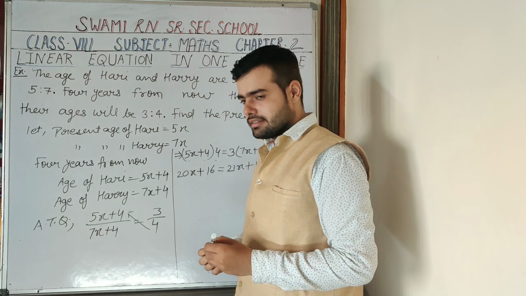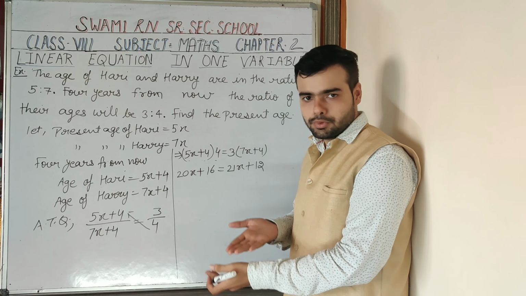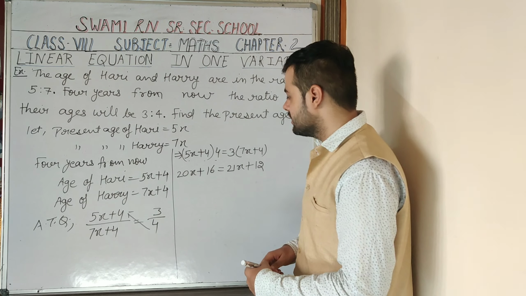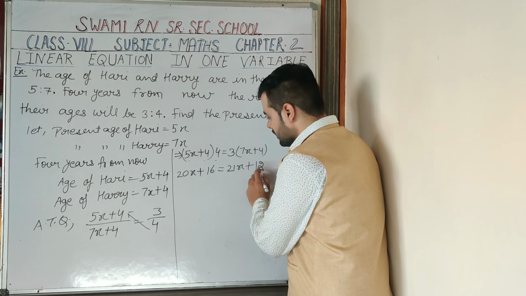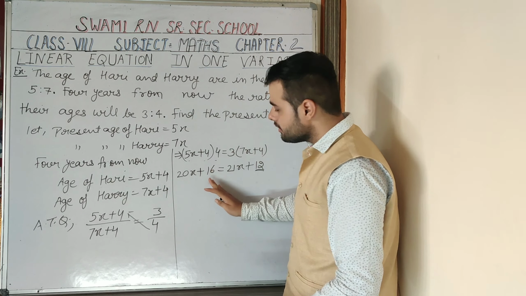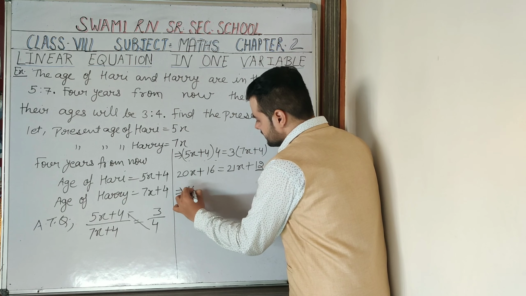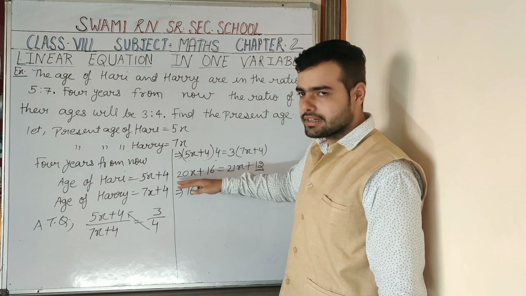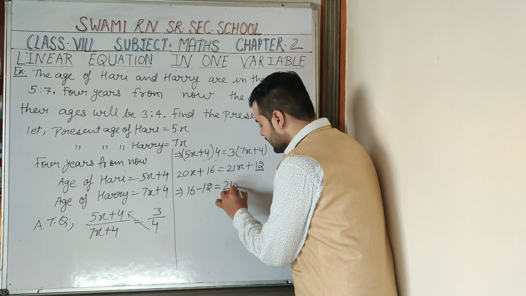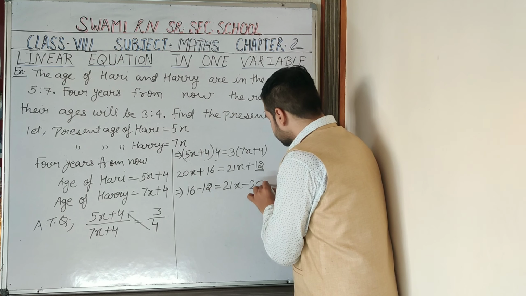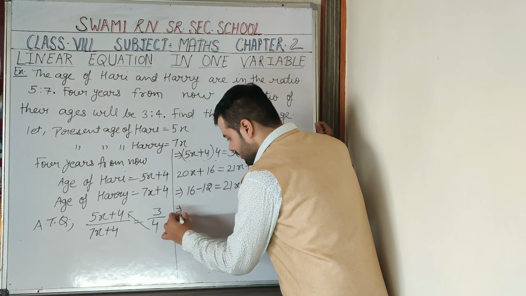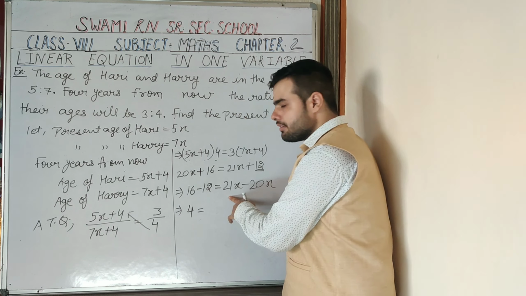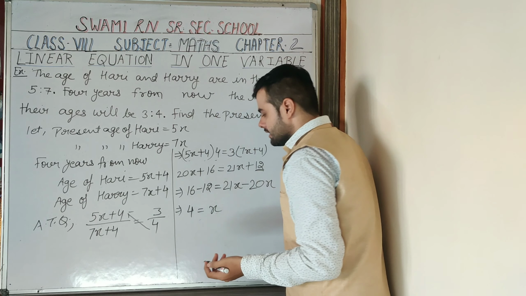Now again the same thing which we are using: put the variables on one side and the constants, or single numbers, on the other side of the equals sign. So I will take this 12 to the other side and it comes in minus form. So 16 minus 12 is equal to, now I am sending this 20x to this side, 21x minus 20x. 16 minus 12 is 4, and 21x minus 20x is x, as we know very well.